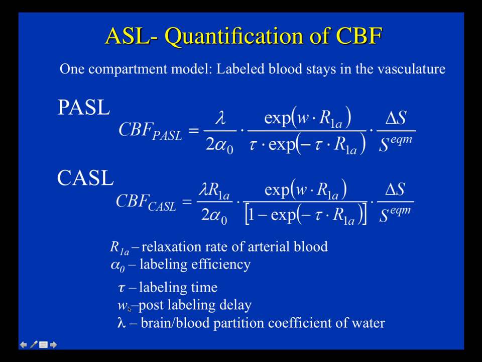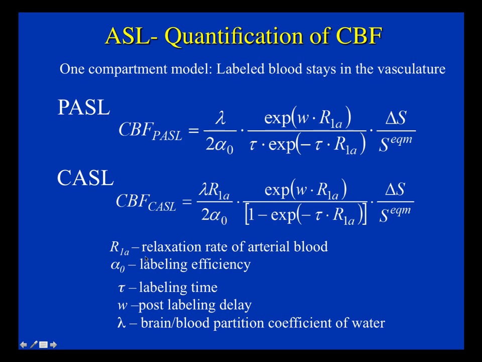In these scaling factors, what we have to look at is which of these parameters are likely to change from subject to subject, because in general we do not measure these parameters from subject to subject. The parameter that is most likely to change is the labeling efficiency, which tells you how well we invert the incoming blood. When the incoming blood is inverted perfectly, alpha is 1. It is less than 1 if it is not perfect. In the pulsed ASL scheme, alpha is taken as 1, whereas in continuous ASL alpha is quite high, around 0.8 to 0.9.